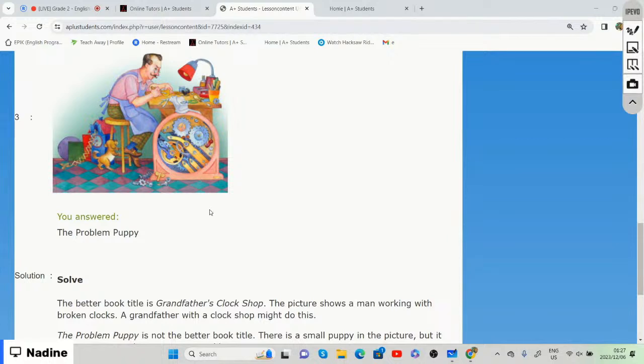All right. So if our title is Grandfather's Clock Shop, basically if we look at this picture, it shows a man that is working with broken clocks.